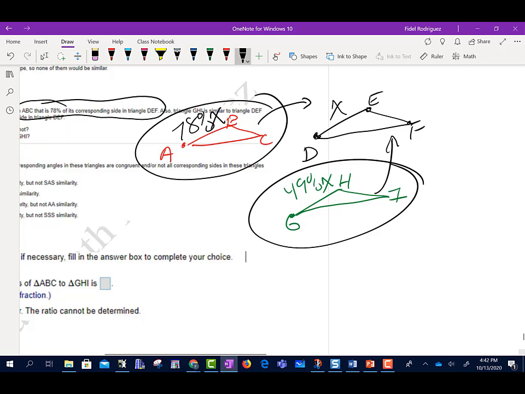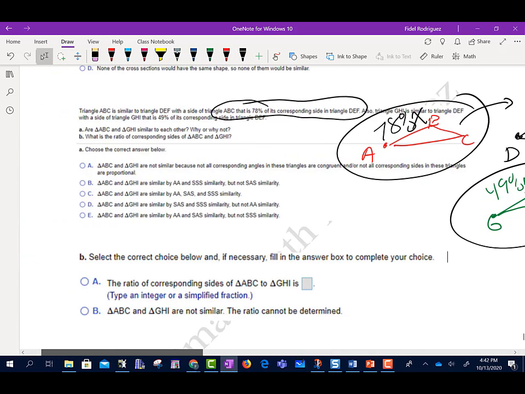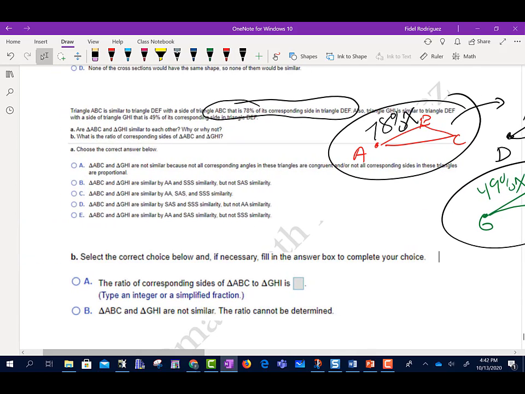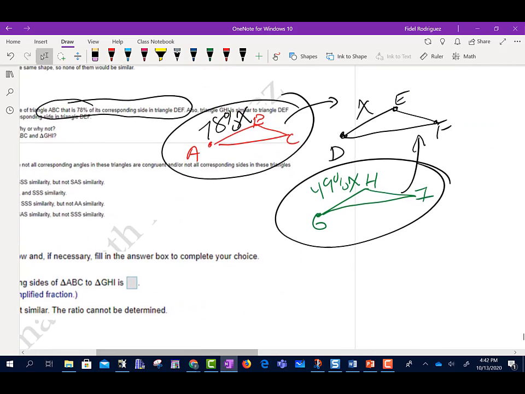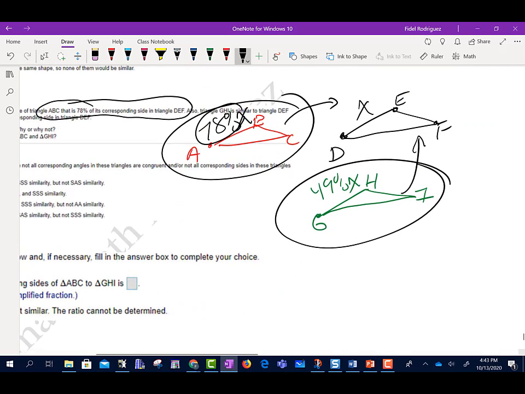Yes, they would, by the similarity theorems. And now it says, write the ratio of corresponding sides of triangle ABC to GHI. So it would be 78 over 49.